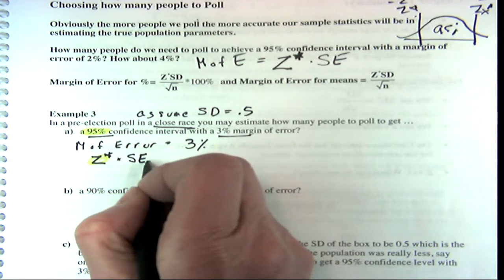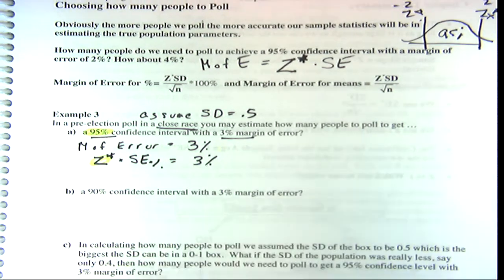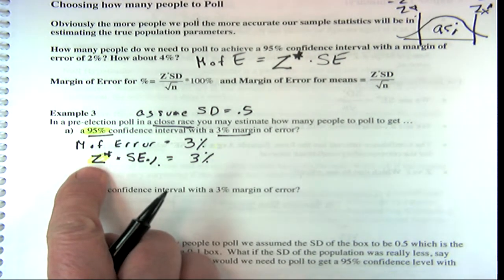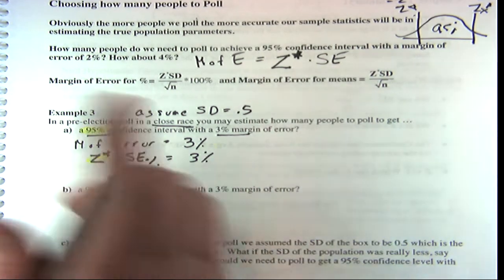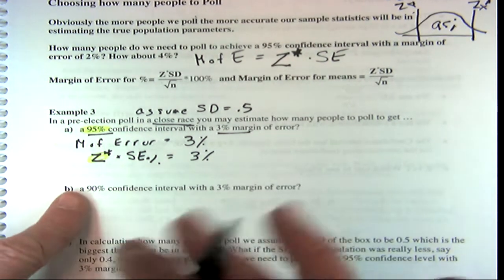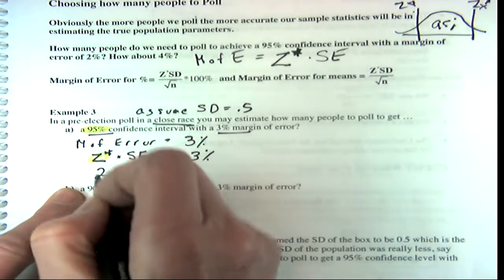And we're talking about percent, so it's going to be the standard error for percent. So we say that's 3%. Okay? So now we can substitute in here 2, or 1.96 if you want to be really exact, but most people aren't. This is just an estimate of about how many people we need to poll. So you should be able to do this in your head once you see the formula. So this is 2, right, corresponding to the 95%.